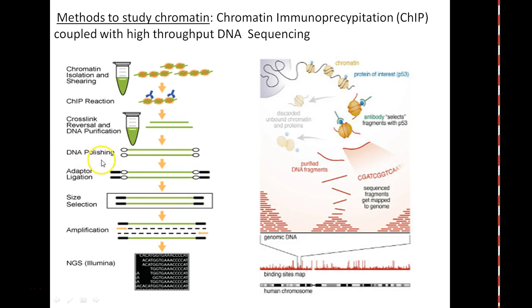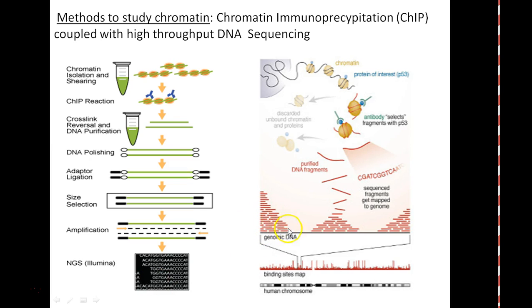We can attach some specific adapters to the ends of this DNA, and then we can subject this DNA to next generation sequencing, which is high throughput sequencing. The end point of this process is that we'll get lots of reads looking like this, and we compare those reads to the reference genome.